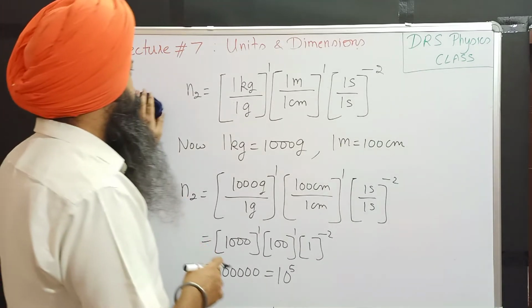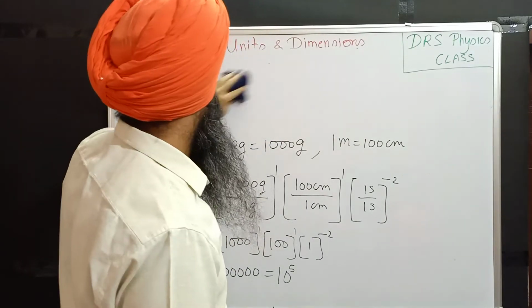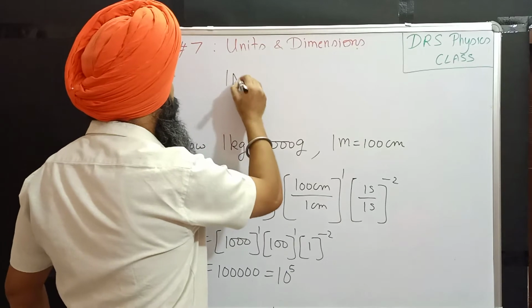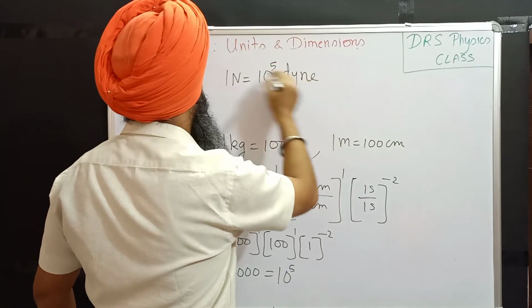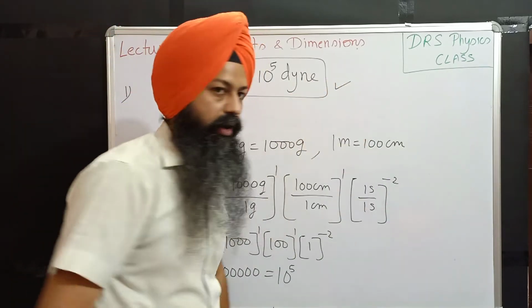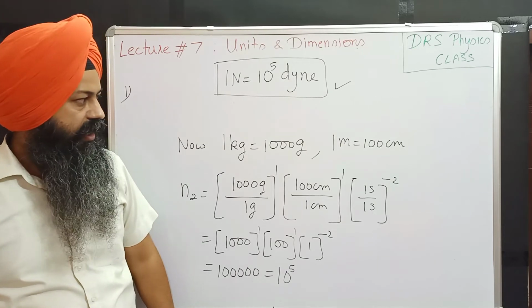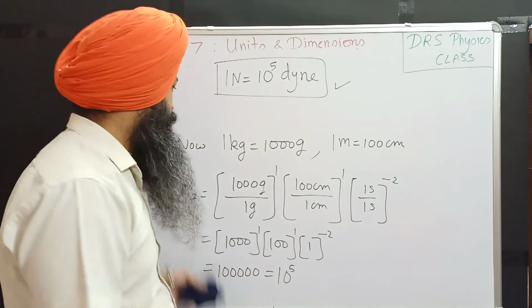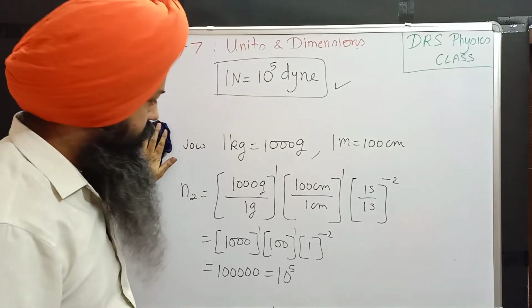We come to the conclusion that 1 Newton is equal to 10 raised to power 5 dyne. And this we have found with the help of dimensional analysis. Let us try another example very similar to it. Please note down.